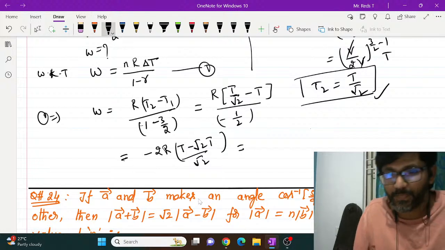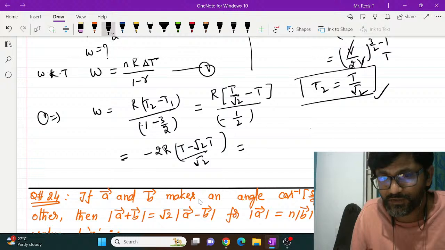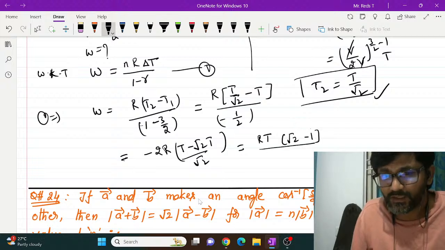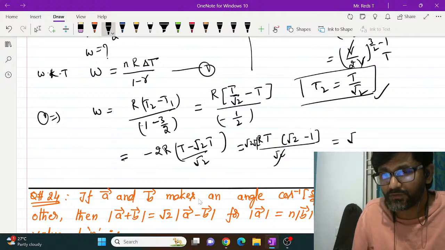If you send the minus sign here, it becomes RT into root 2 minus 1. Here 2 we can write as root 2 into root 2, so root 2 into root 2 by root 2. This root 2 cancels, then you will get root 2 RT into root 2 minus 1.